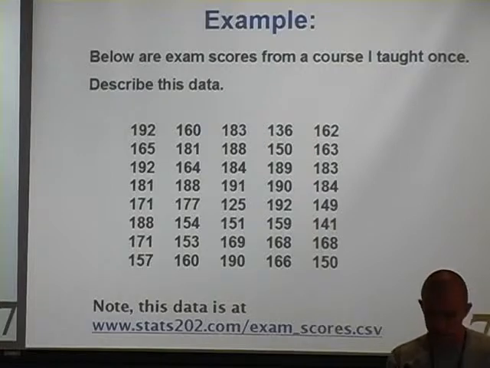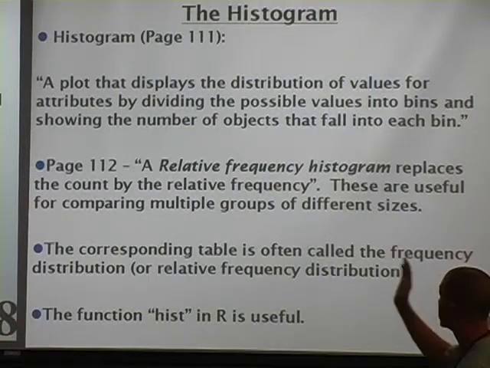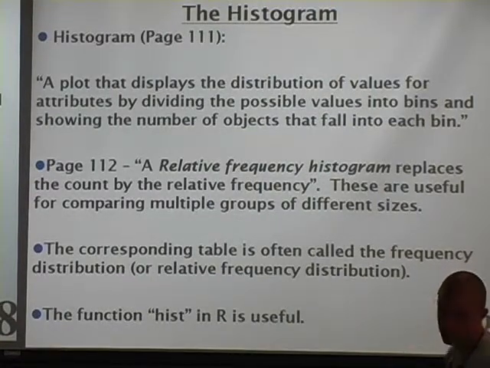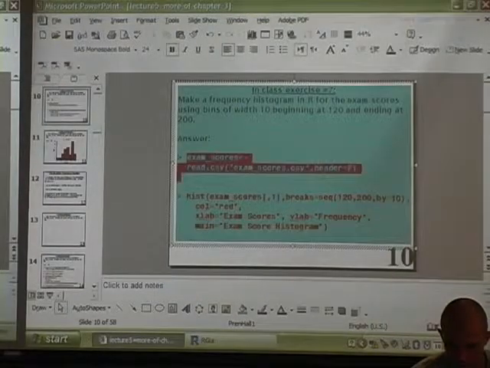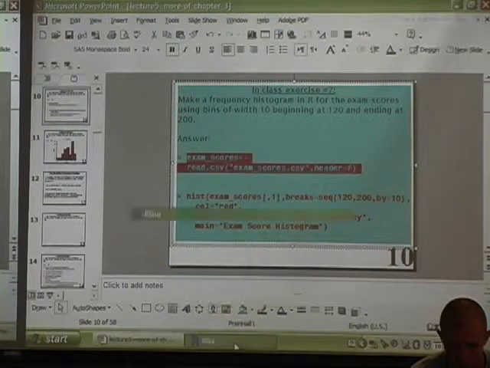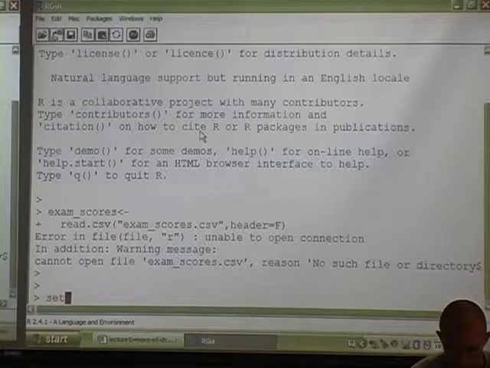So the first thing we did, which was what your book talked about, was making a histogram, which basically takes the numeric attribute, bins it into equally spaced bins, and gives the counts for each one. I'm going to go through these commands again, because I'm going to need some of these objects as I expand these things. The first thing was to read in the data, which of course will give me an error because I have not set my working directory.